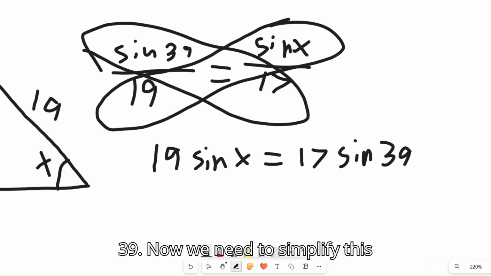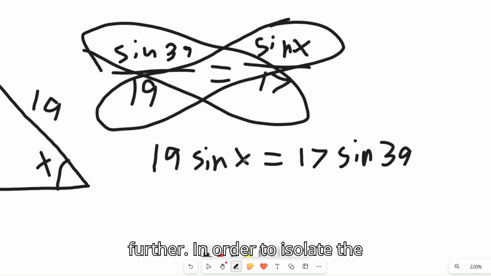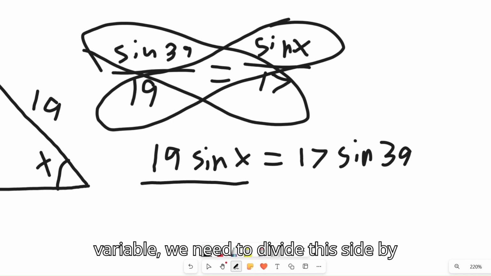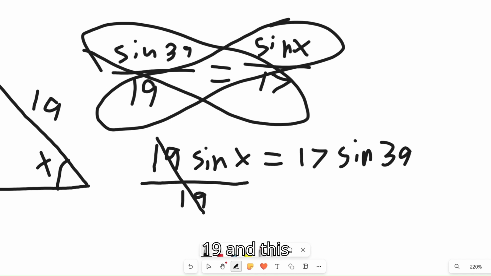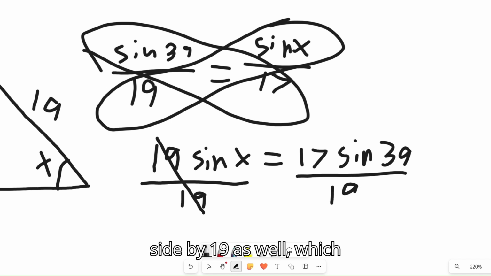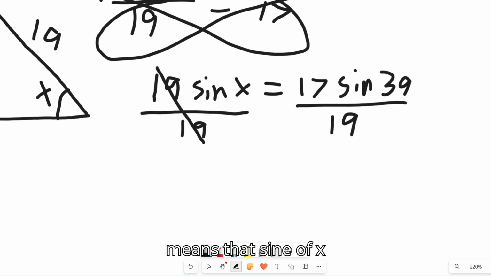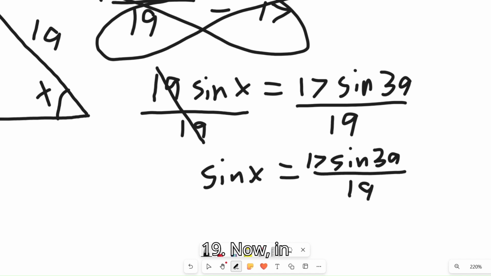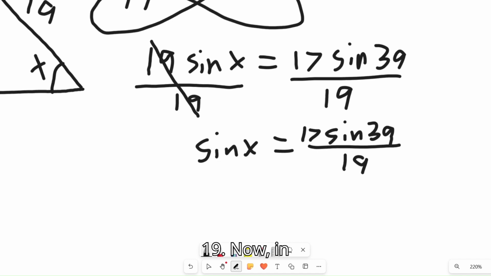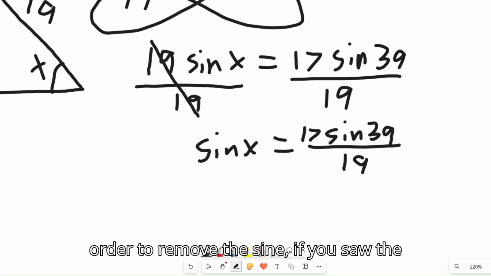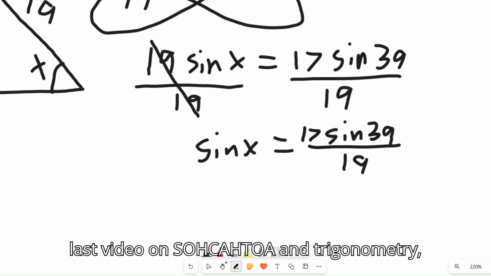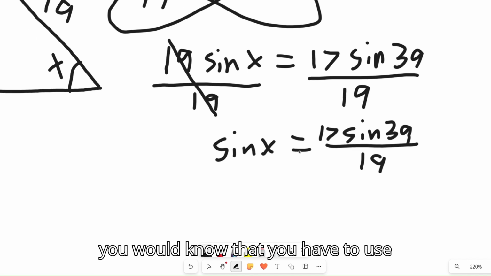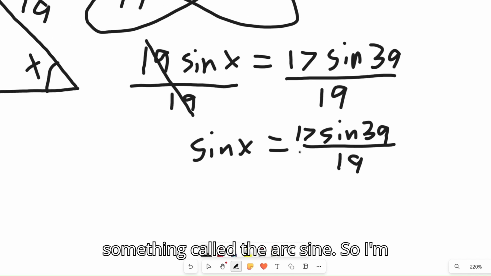Now we need to simplify this further. In order to isolate the variable, we need to divide this side by 19 and this side by 19 as well, which means that sine of x equals 17 sine 39 over 19. Now, in order to remove the sine, if you saw the last video on SOHCAHTOA and trigonometry, you would know that you have to use something called the arc sine.